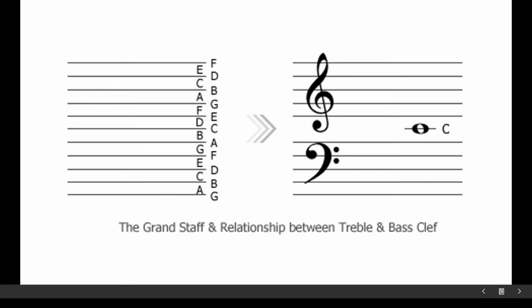Now, I just want to show you this image. The grand staff, as we said, a staff has 5 lines, 4 spaces. Once upon a time, the grand staff was 11 lines. And the middle C, see that C on the right side? That is how we notate middle C, C4 in the piano. If you notice on the left side how that line is gone, with the grand staff and the brace that connects it towards the left side of the grand staff, you can kind of think of the brace.